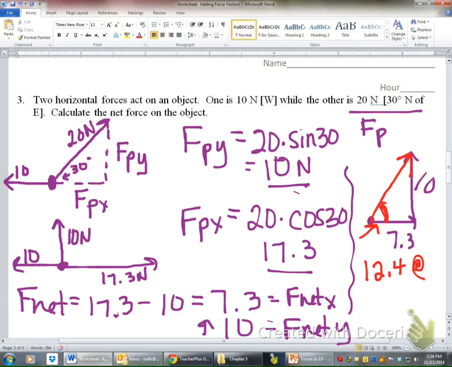Okay, so if you're looking at this angle, the opposite side is 10. This side right beside it is 7.3. Because this was our starting point, this was our origin. So we had to go here and then here to get to our resultant point. So we made our new triangle. We picked an origin right here. We went 7.3 to the right and 10 up. So we want to find an angle from our origin.